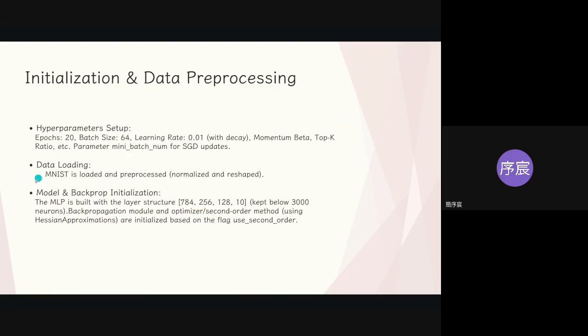And then it's the model and backprop initialization. You will build up an MLP, which is capped below 3,000 neurons, and it's like this.